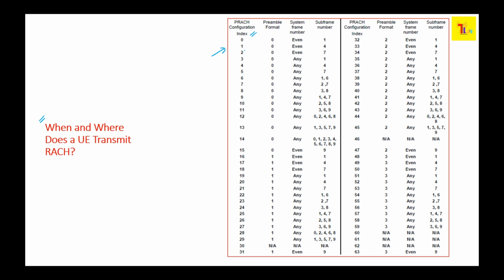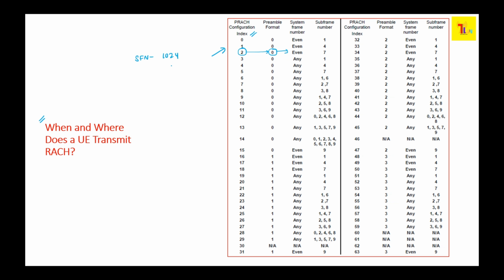Let's suppose it is configured with PRACH configuration index 2. It means that your UE is going to use preamble format 0, and for sending that preamble, to transmit that RACH, it can select any even system frame number.